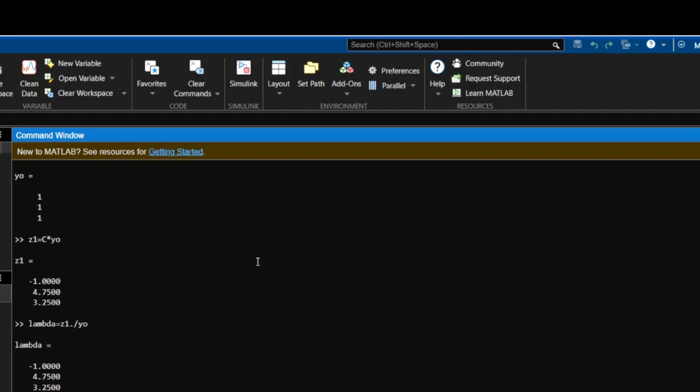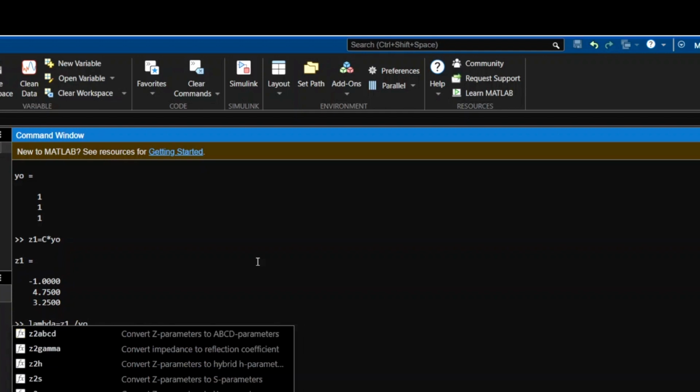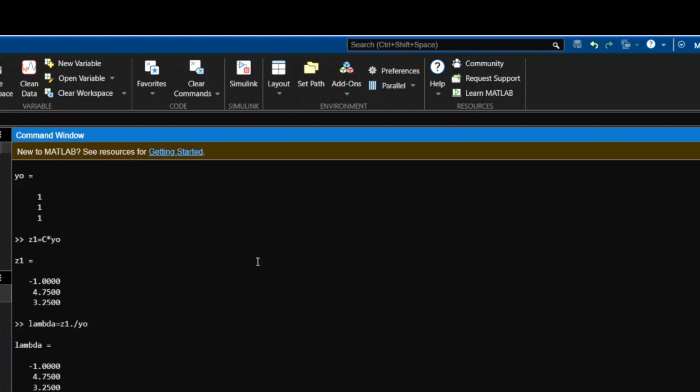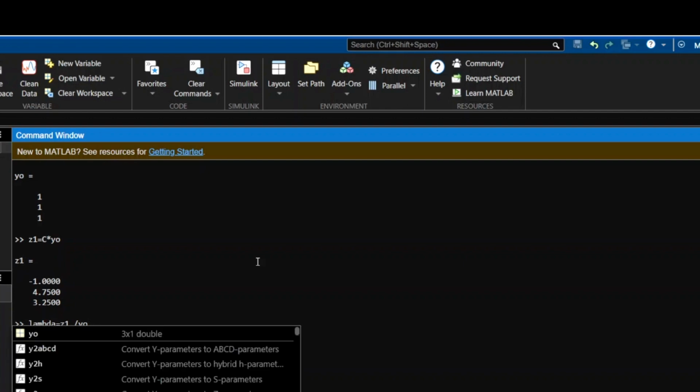Now we go for z2, right? How do we find Z2? C into y1. Wait a second, I have to define y1 first, I have not defined it.